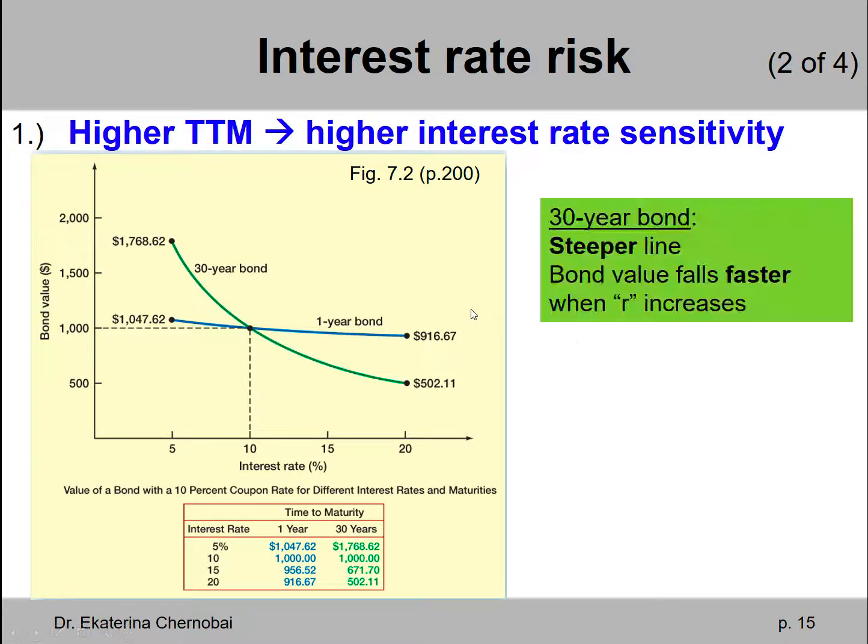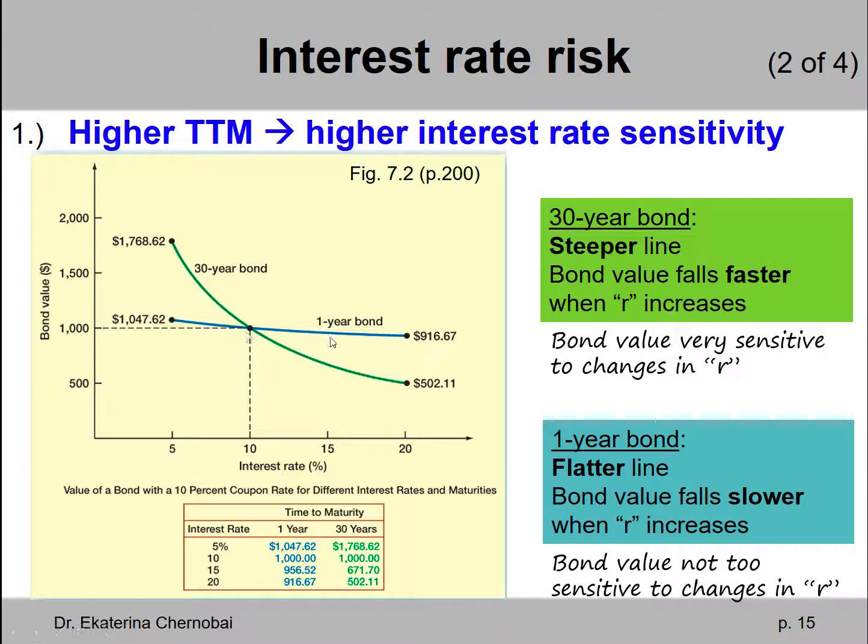And so bottom line, the steeper line for the 30-year bond, the bond with more time left to maturity, has a much higher interest rate sensitivity. So the bond value is very sensitive to changes in the interest rates, in the yield to maturity, right?